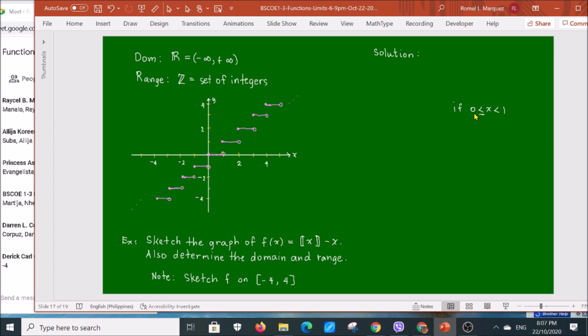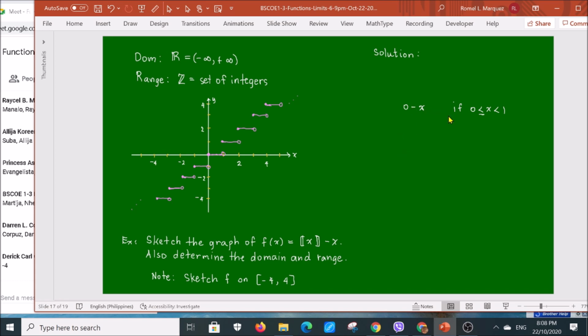If x is 0, so this is 0. Then minus x. If x is more than 0 but less than 1, it is still 0. So between 0, including 0 to less than 1, the greatest integer is always 0, minus x. So meaning it is negative x.